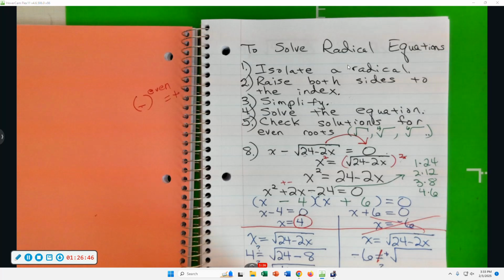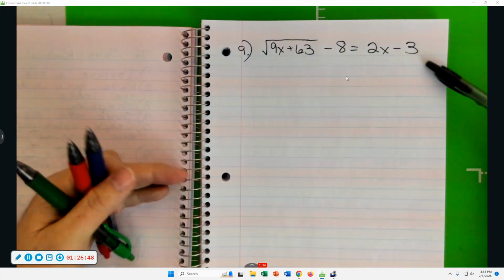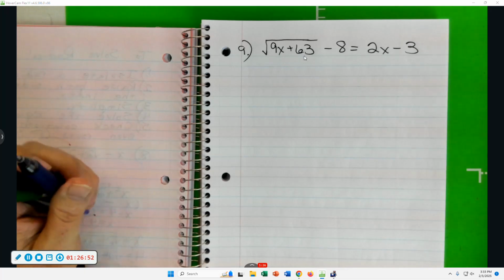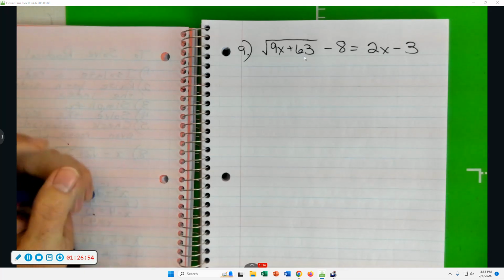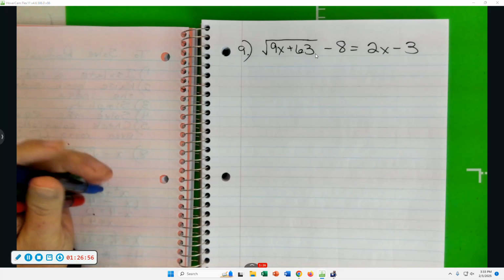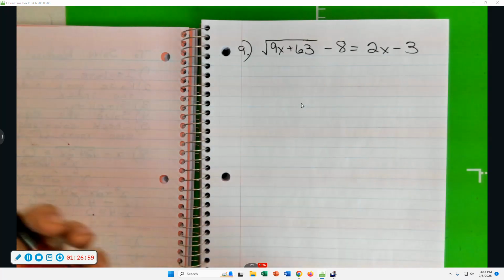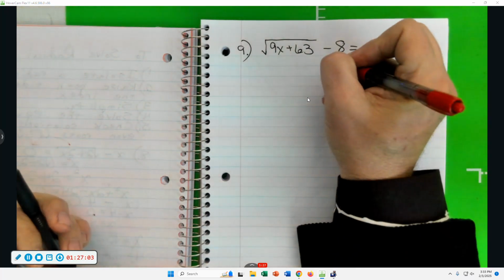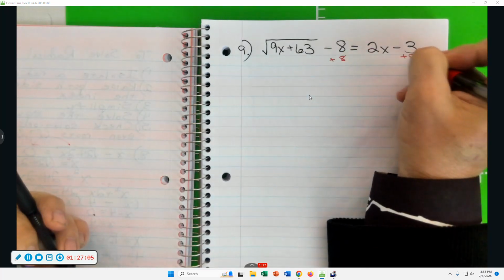Isolate the radical. How are we going to isolate the radical? We want that square root by itself. There's only one correct first step, in my opinion. What is it? Add the 8. Get the radical by itself by moving that -8 over, so it becomes a positive 8.